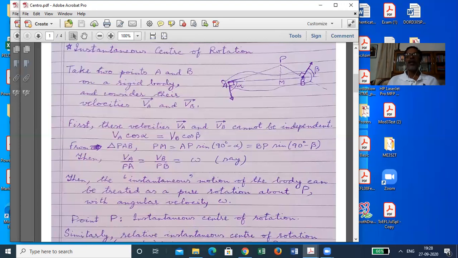Because then you will get another point C here and make the constructions, and based on this much information, you can show that the same omega cross this vector PC will properly give the velocity in magnitude and direction correctly for that point C. That I leave for you to verify and establish to satisfy yourself.